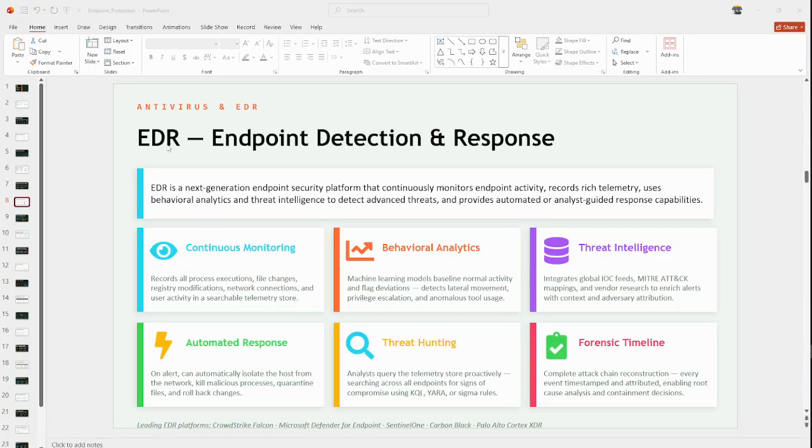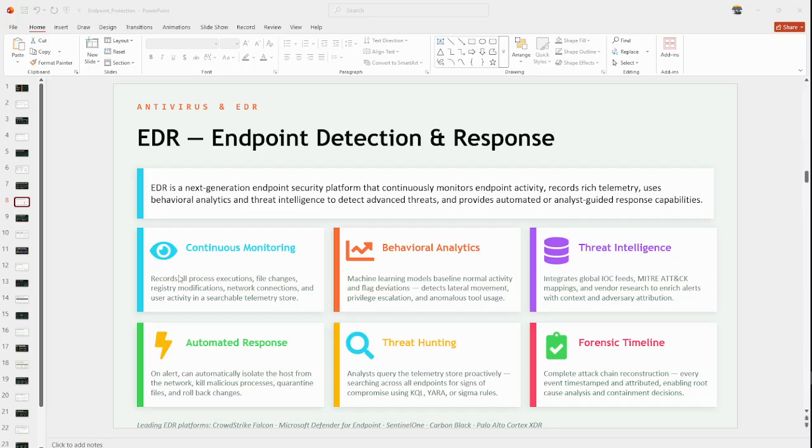Now you have EDR here, endpoint detection and response. How are you going to detect it? You have continuous monitoring on your system.